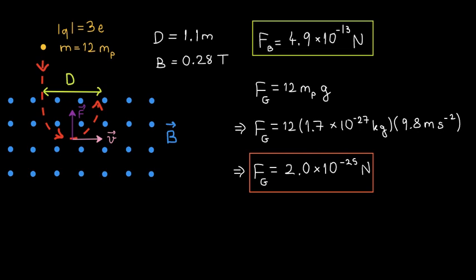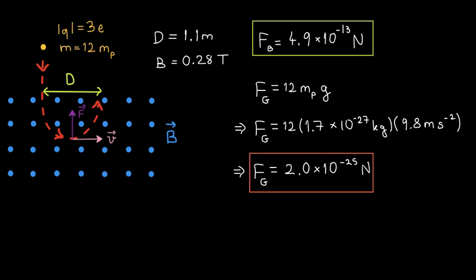Now, this is much smaller than the magnetic force magnitude. It's actually 12 orders of magnitude smaller. 12 orders of magnitude means 10 to the 12th power. In other words, the gravitational force is a million times a million smaller than the magnetic force acting on this particle.